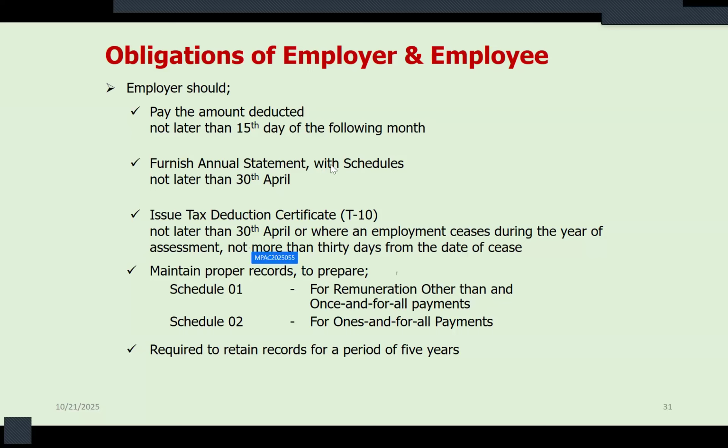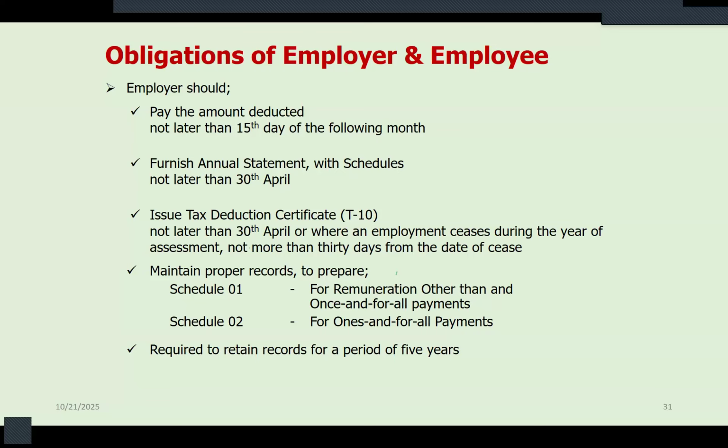In this schedule, the TIN numbers or national identity card numbers of that employee are mentioned. Then we can easily give credits to that employee when that employee is calculating his own tax liability.